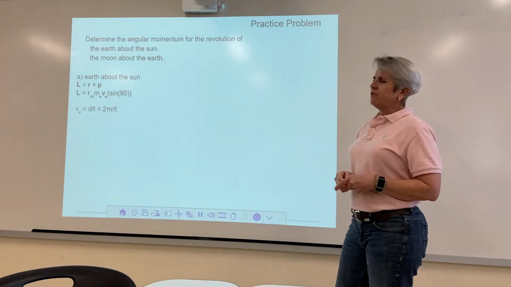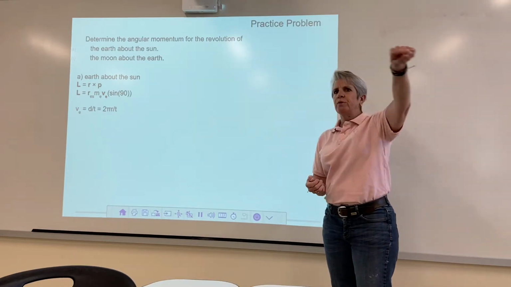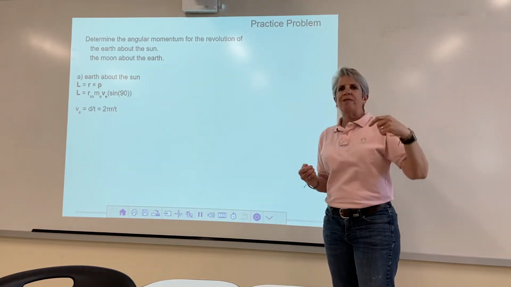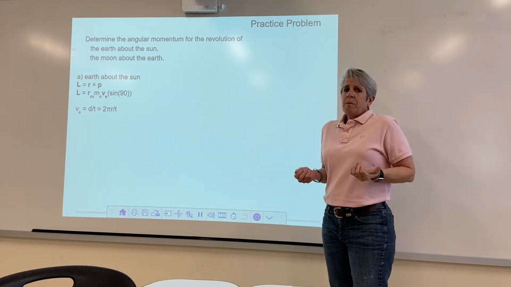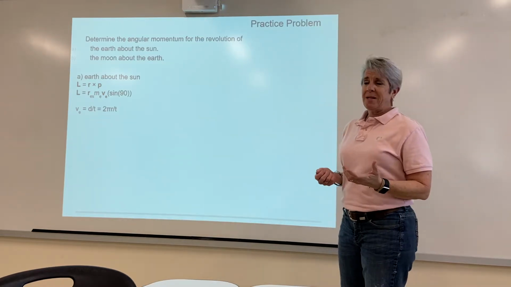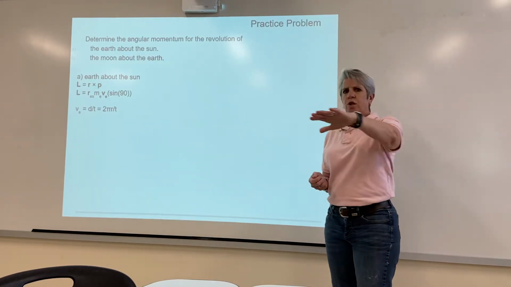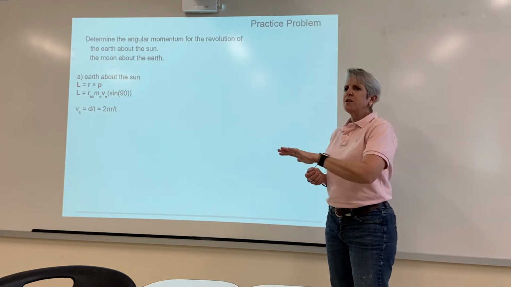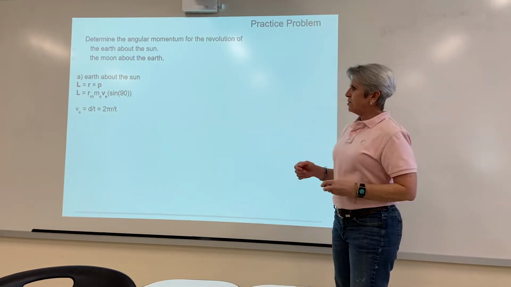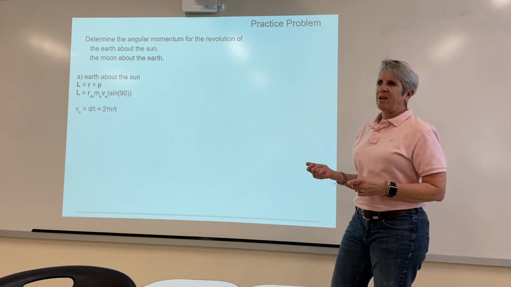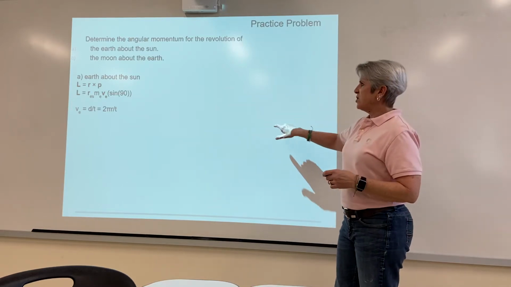So how about the velocity of the Earth? When the Earth is going around the sun, how could we figure out how fast that's moving? Well, remember, velocity is just distance divided by time. If we assume a circular orbit, which it's not, but if we did, that distance would be 2πr divided by the time to go around the sun.